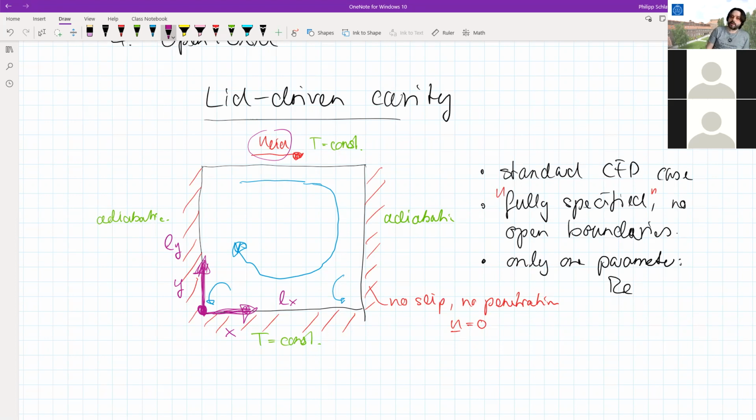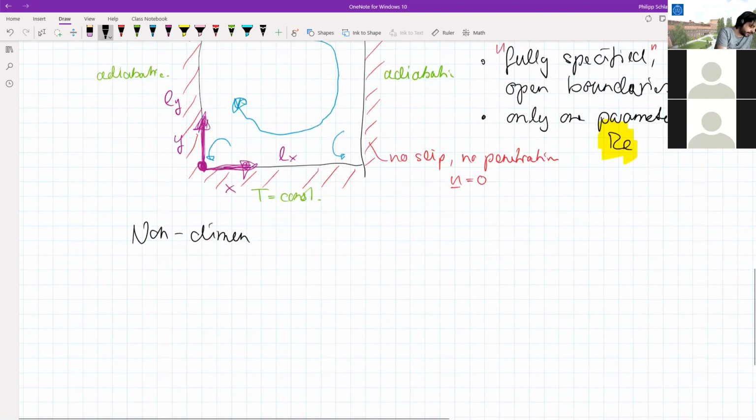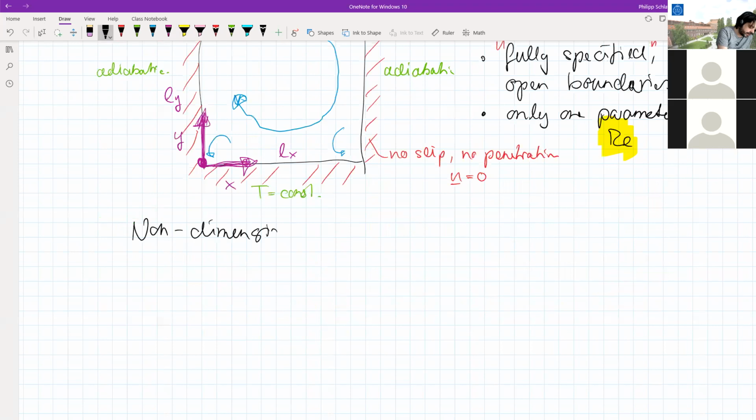But as you know, in fluid mechanics, we don't really like to do stuff in dimensional form. We always like to do a non-dimensionalization, and that's also exactly the reason why in the end we come up with this Reynolds number. So we would like to transform everything into a non-dimensional form. So the first thing to consider is to do a non-dimensionalization.